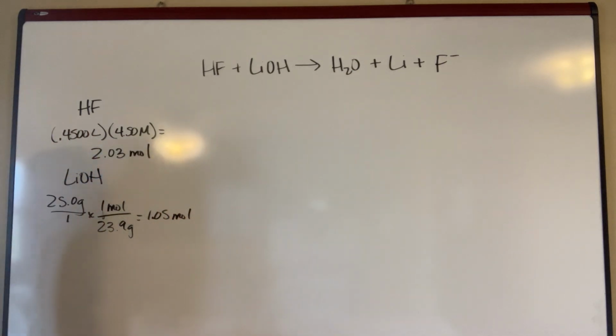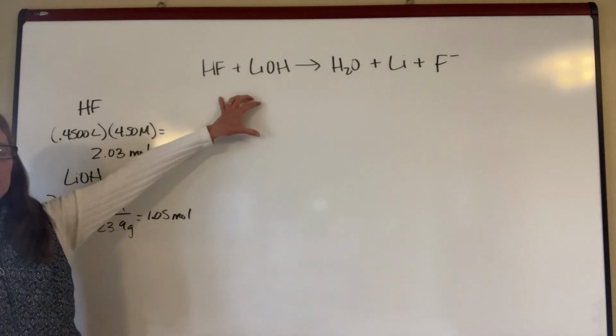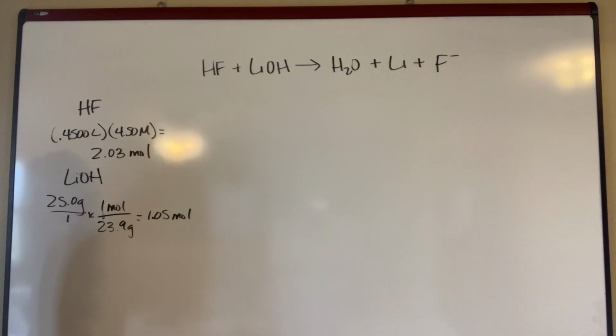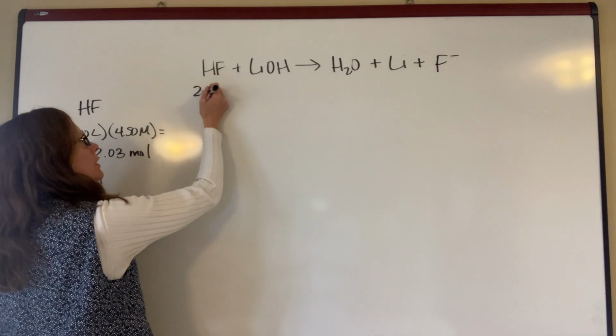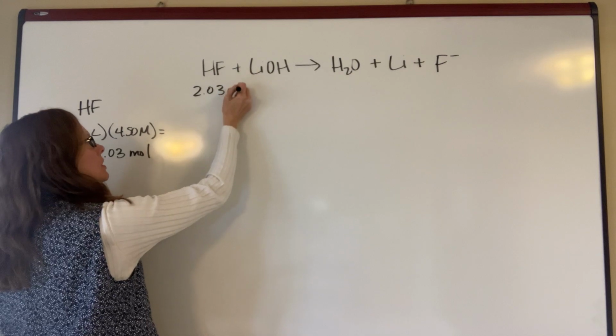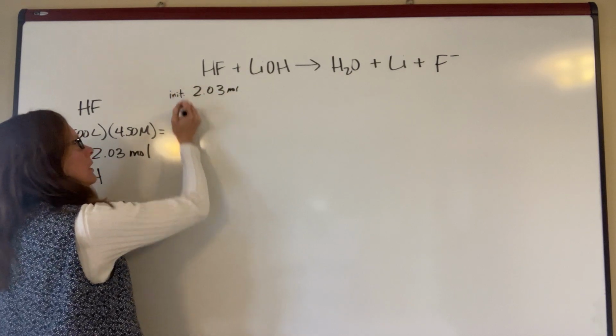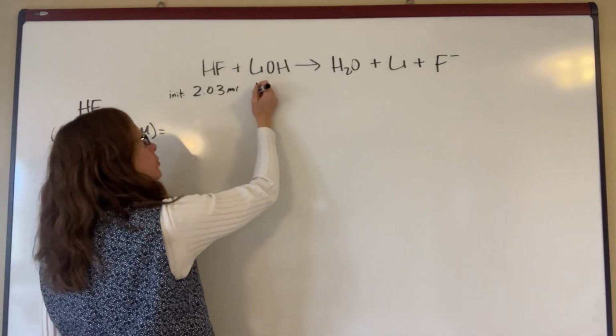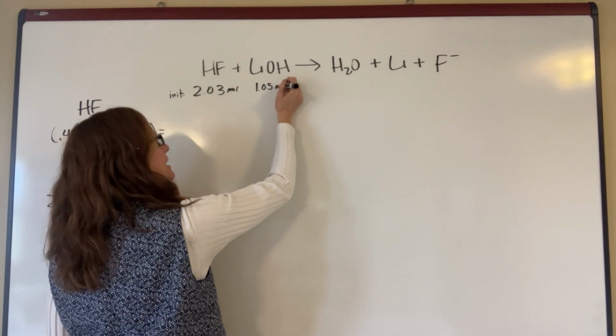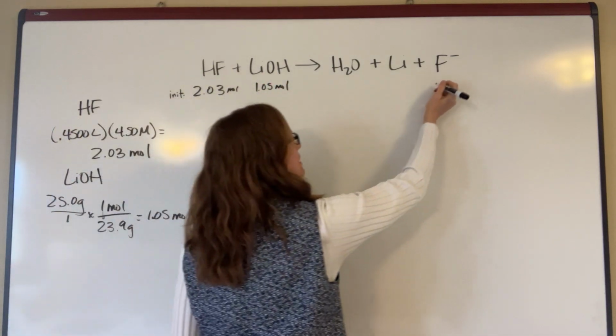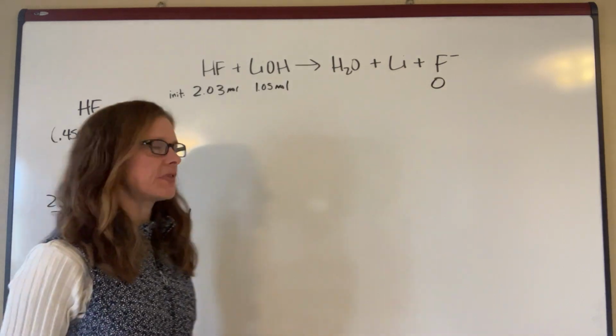Okay, so now that I know moles, now I can go look at my equation and see what that's going to give me. So I have 2.03 moles here initially, and I have 1.05 moles here initially, and initially I don't have any of that.